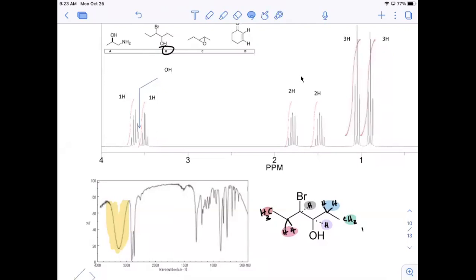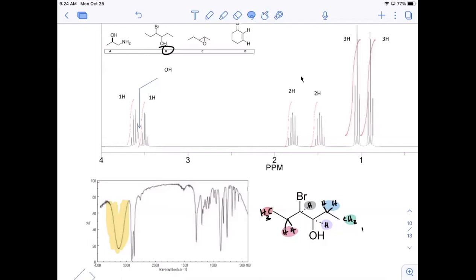But okay, what I'm confused about is which one is which, because I know last time one was closer to the oxygen, so that's how we discovered the splitting pattern. But how do you determine this one? That's a good question. We'll probably have to do a carbon NMR, because the carbon where the bromine is attached and the carbon where the oxygen is attached are going to look different.